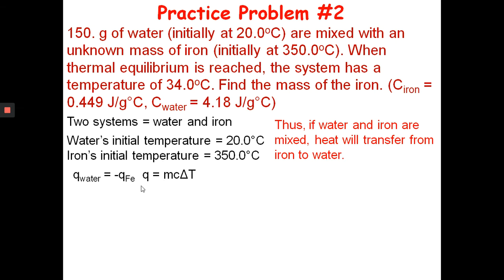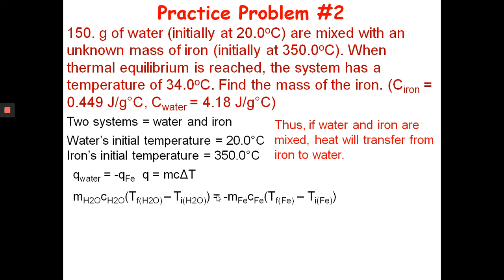We know that Q is equivalent to m c delta T, so I'm going to rewrite the formula in terms of m c delta T. First, the Q, I'm going to write in terms of water: the mass of the water, specific heat capacity of water, and the delta T for the water, which is the final temperature of water minus initial temperature of water.